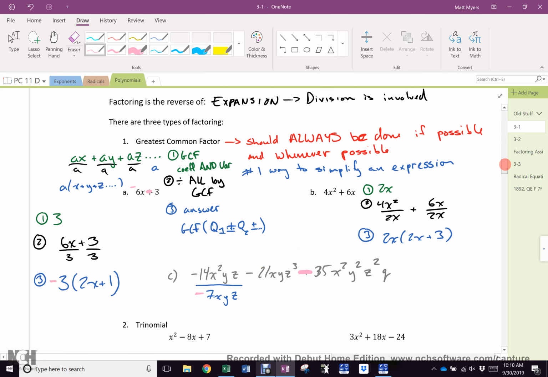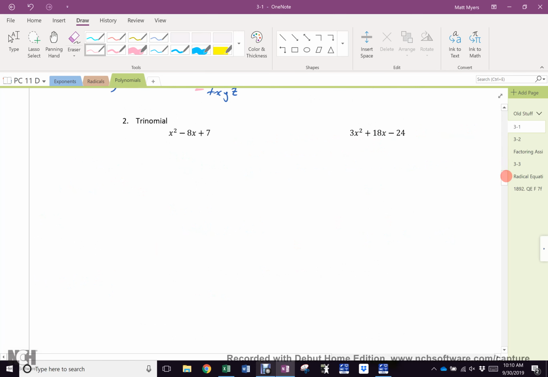All right. Moving on to the second one. Everybody remember how to do these? No? Okay, let's remind you of something. Does everybody remember this handy little shortcut?